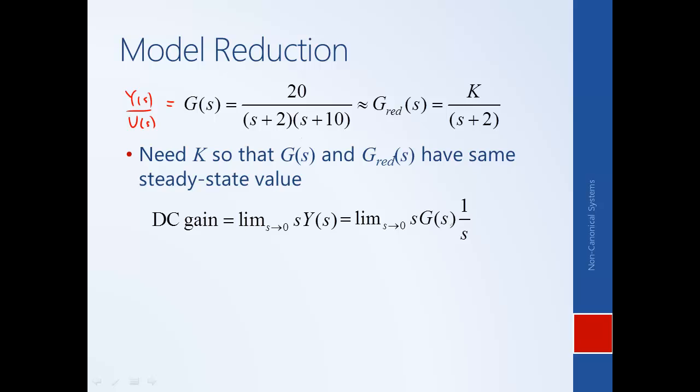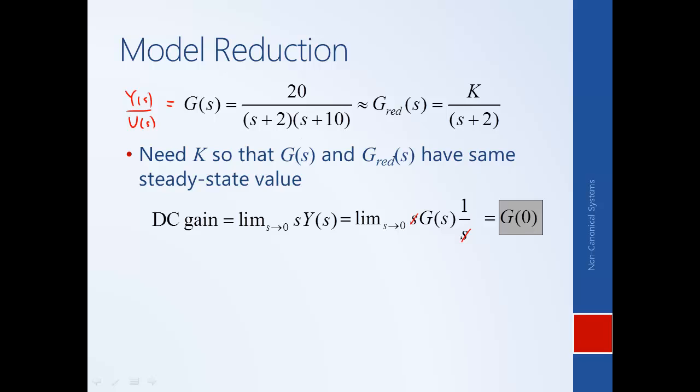Here's S times Y of S, where Y of S is G times U. The S from the unit step cancels with the S from the final value theorem, and we're left with the limit as S goes to 0 of G of S, which is equal to G of 0, presuming that the transfer function G is defined at S equals 0.